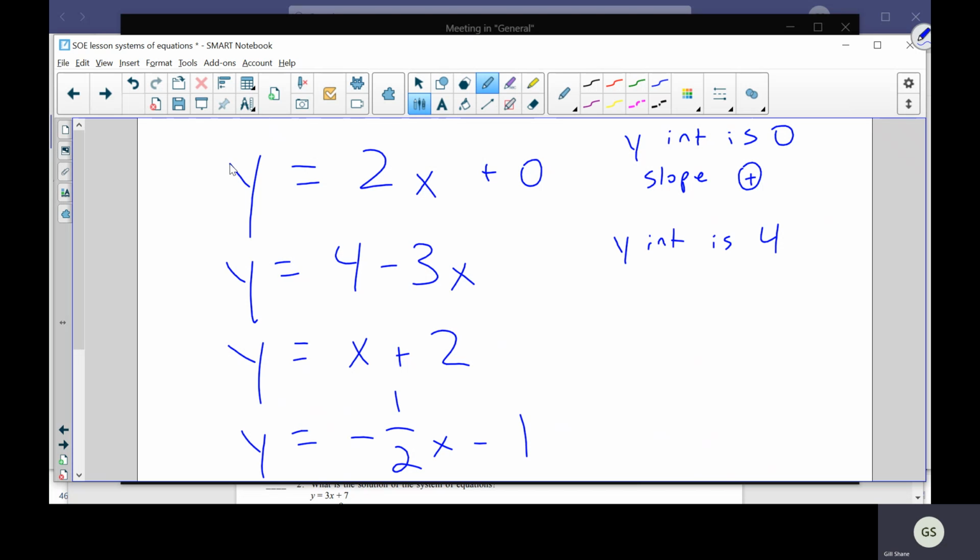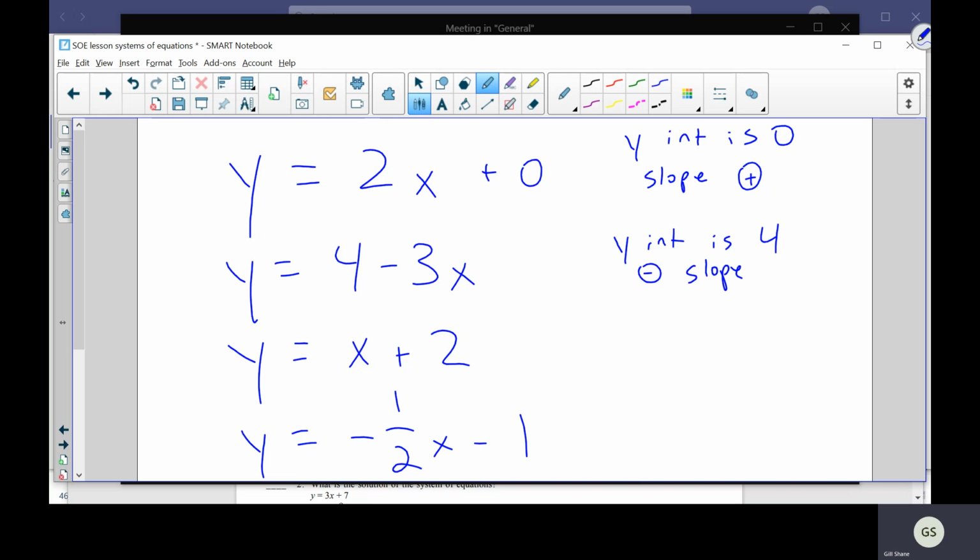So again, the number all by itself, in this case, is the first number; sometimes it's the first number, sometimes it's the second number. So you can't just rely on where it is. What's the slope, positive or negative? The number is the 3, because it's in front of the x, and you have to include the sign in front of that number. So there's a negative slope in this one.